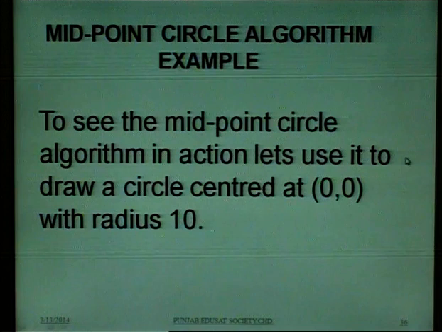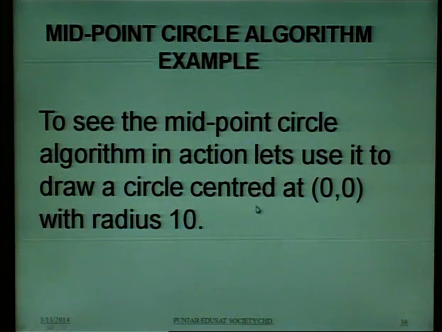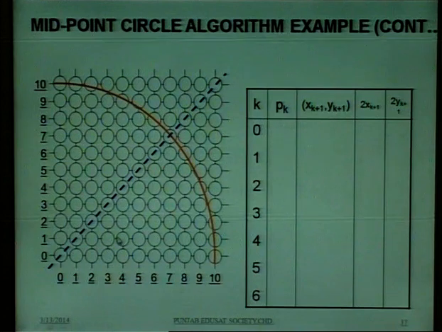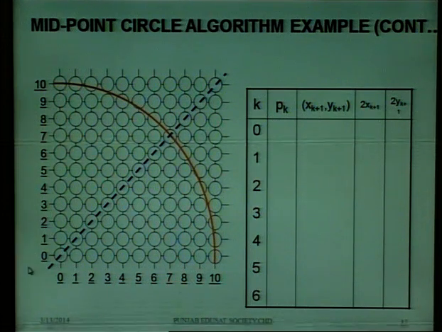Let us use it to draw a circle having center (0, 0) and a radius of 10. This is the example showing the circle which is drawn with center (0, 0), that is the origin, having x and y coordinates as 0 and the value of radius r equal to 10.